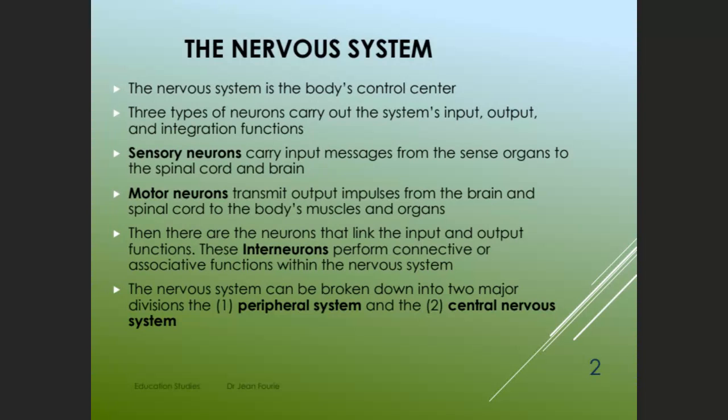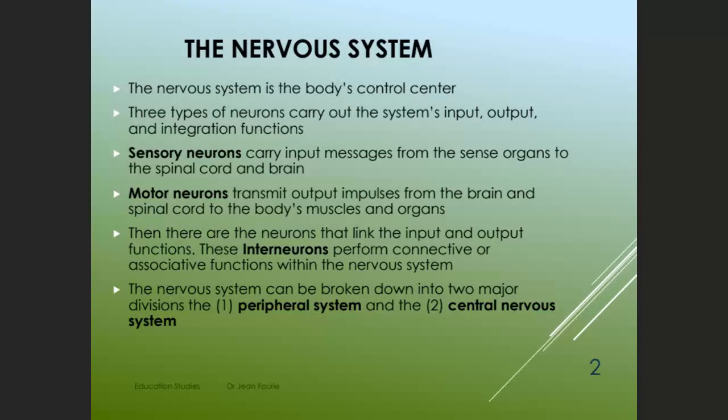The brain can control what the muscles are doing and the organs of the body, and we are able to walk around and learn and do writing and all the things that are needed for daily living.